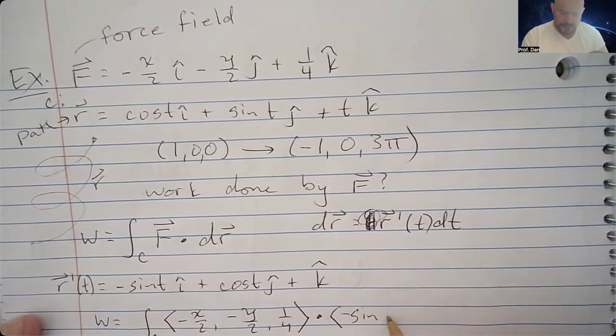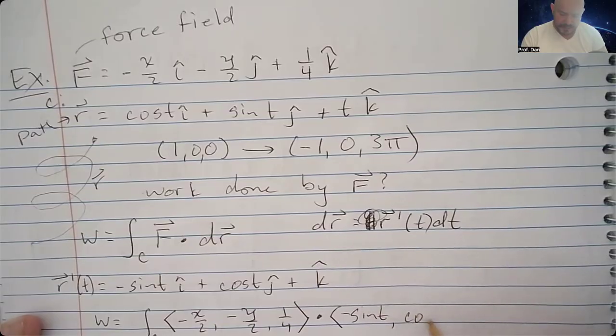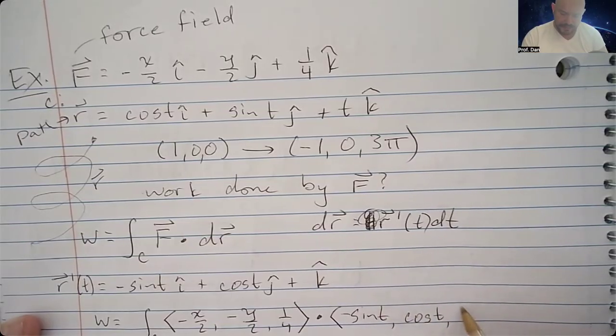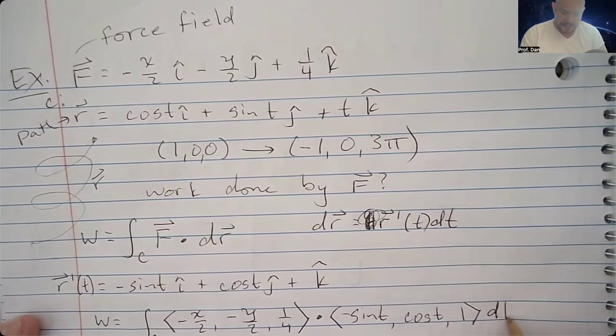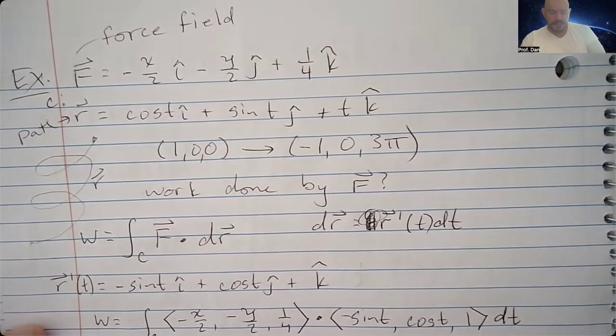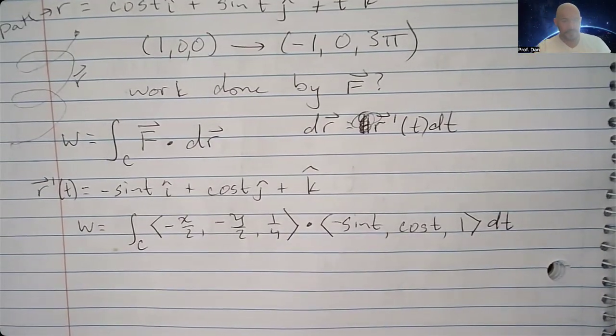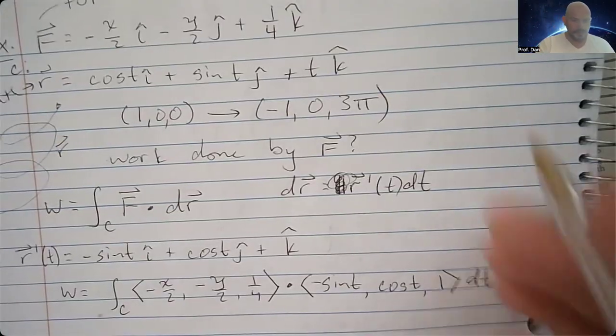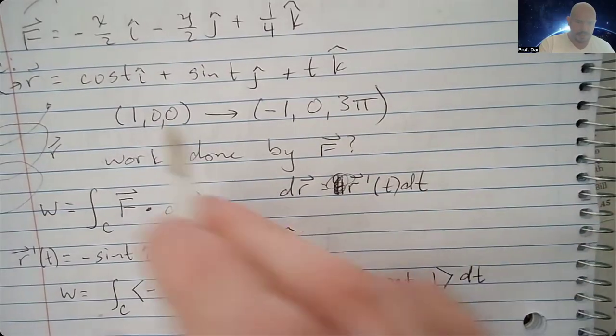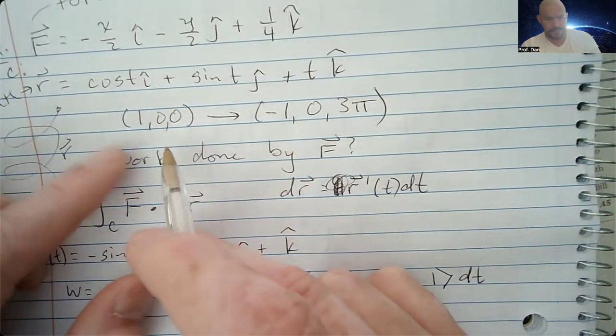So that's our vector negative sine of t, cosine of t, 1 dt. And instead of having the c here, we also could just write in our values for t, right?